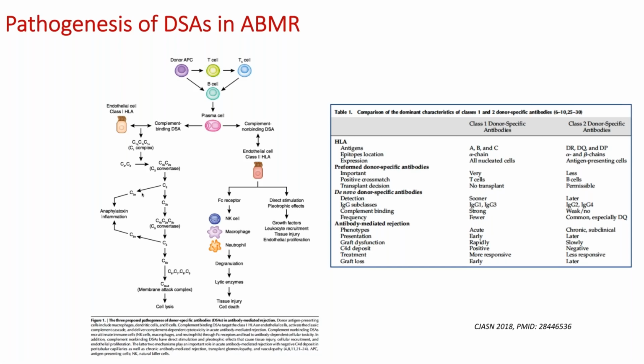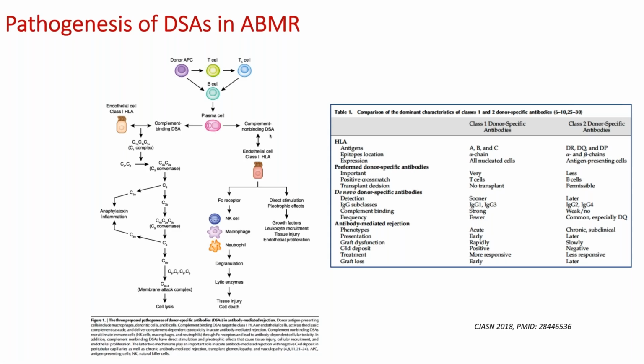Very simple. We have an antibody, we have an antigen expressed on the endothelial cells, which is a HLA antigen. There is an antigen-antibody interaction. Complement is fixed, complement pathway is activated, and the membrane attack complex injures the endothelial cells.